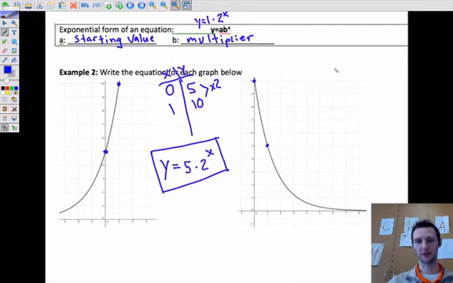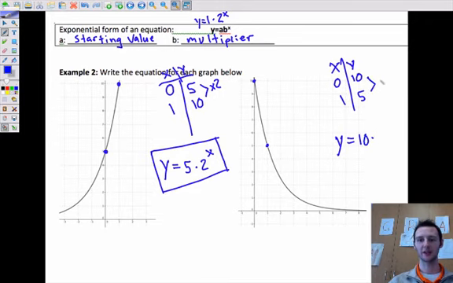So if we start again with our table, and we have the point 0, 10, 1, 5. We know that our starting value here is 10. So we've got y equals 10 times. Our multiplier, it looks like it's being cut in half each time.